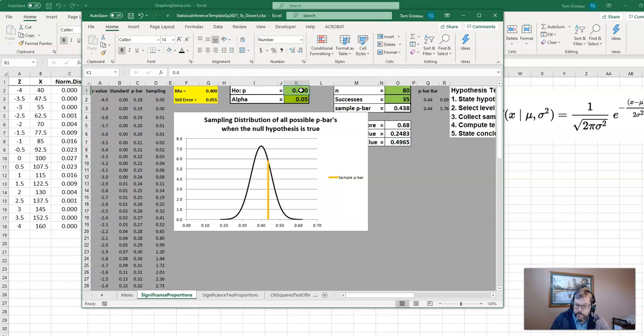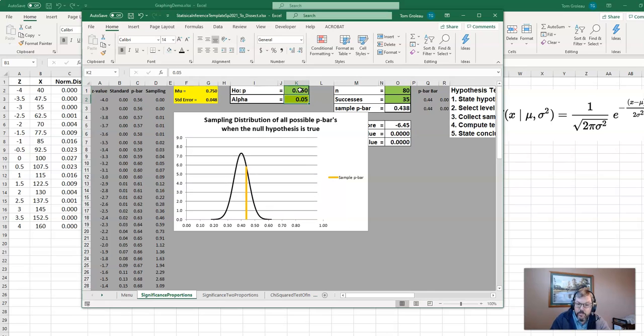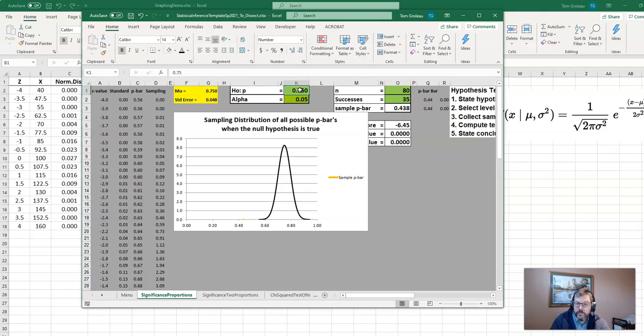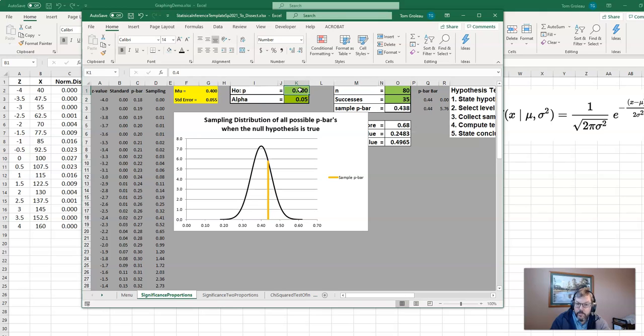If my population is 0.5, the mean's 0.5. So the center of the sampling distribution changes based on what I've said for my hypothesis. If I say the null hypothesis is 0.75, it's going to be centered at 0.75. 0.4 centered at 0.4, 0.5 centered at 0.5.